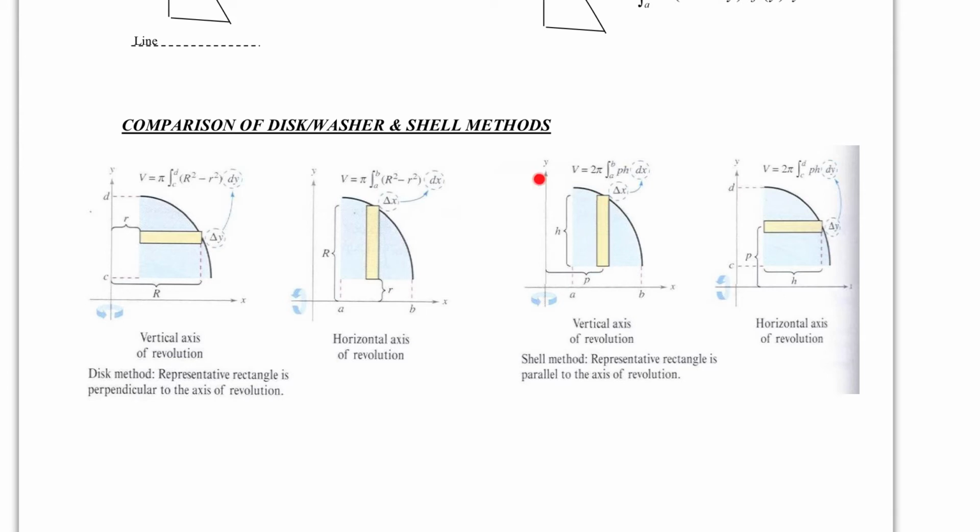Our slices will be parallel to the axis of rotation. I'll have dx's. Over here, since I'm going this way, my slices are parallel to this axis of rotation, and I will have dy's. So you need to be careful, because the two methods require different things. One is perpendicular for disc and washer, and one is parallel for the shell method.